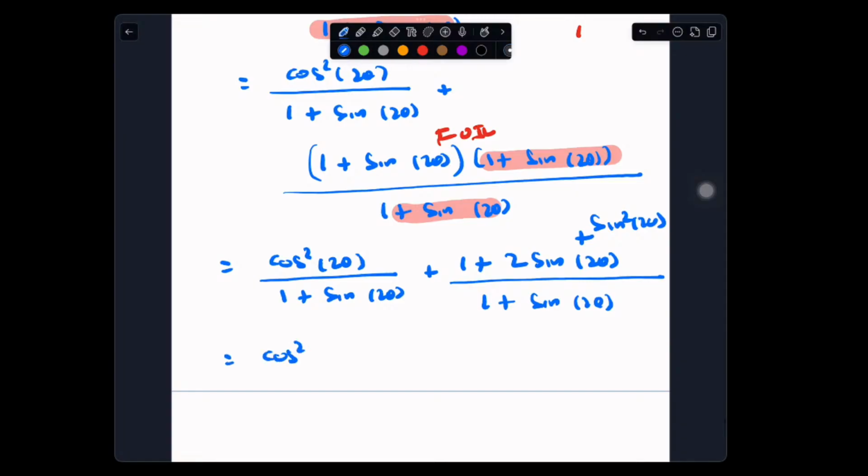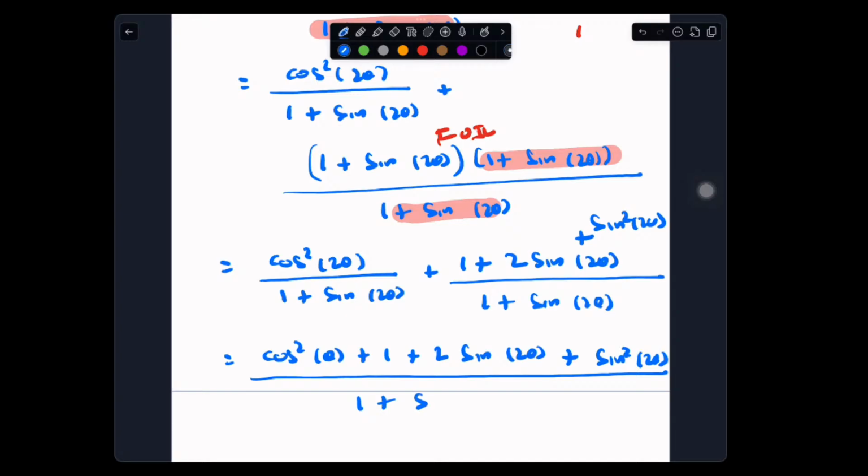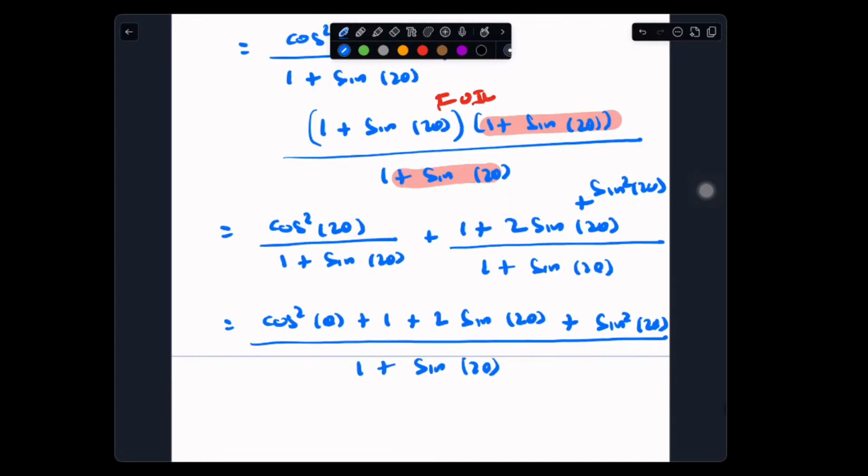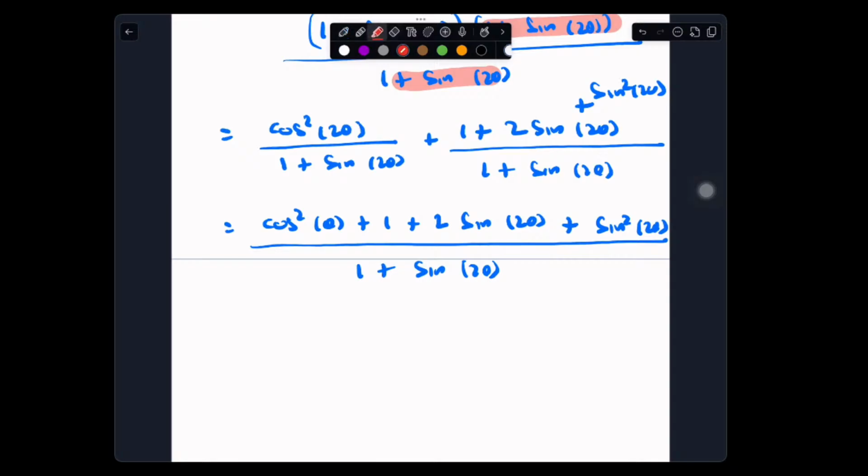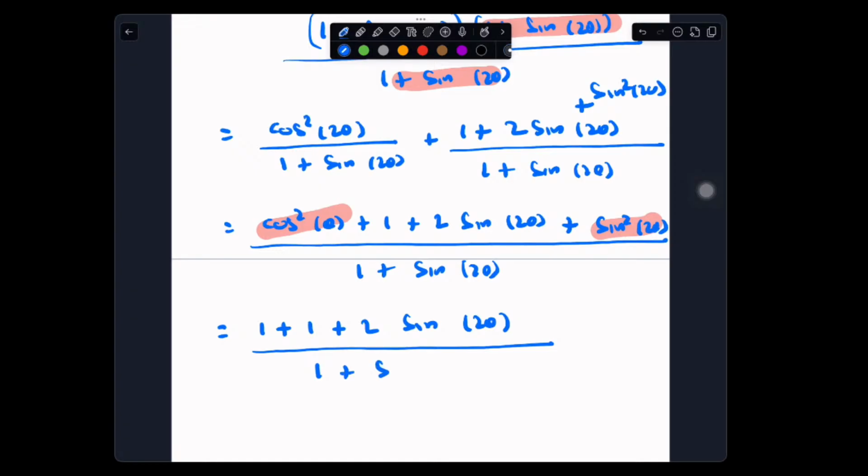So you get cosine squared plus 1 plus 2 sine double theta plus sine squared double theta over 1 plus sine double theta. So cosine squared plus sine squared is 1. 1 plus 1 plus 2 sine double theta over 1 plus sine double theta.